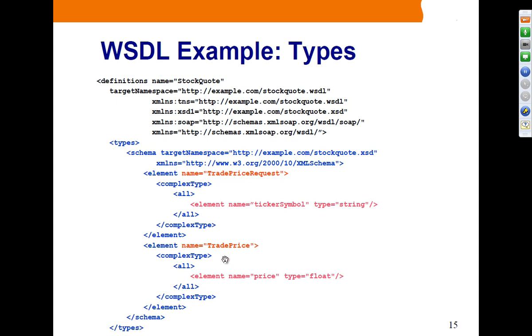The response element is called TradePrice, and again it is defined as a complex type, and it contains a single element called price, whose type is float. So we have defined the two global elements as complex types. So this is types. You can think of types as basically XML schema.